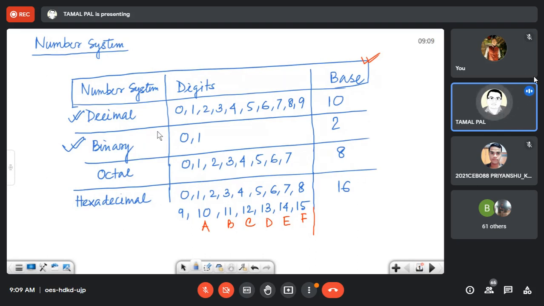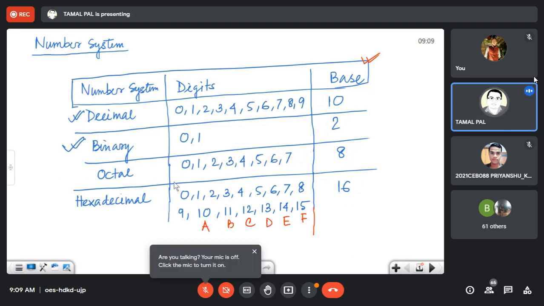That's why we have to know about this number system in a little more detail. Other number systems are also used: hexadecimals are used for addressing in microprocessors, and octal is also used for some other purposes. These four are popular, but it doesn't mean only these four bases are available.